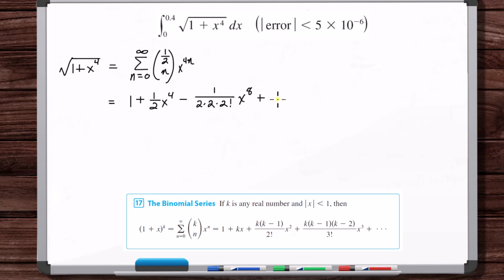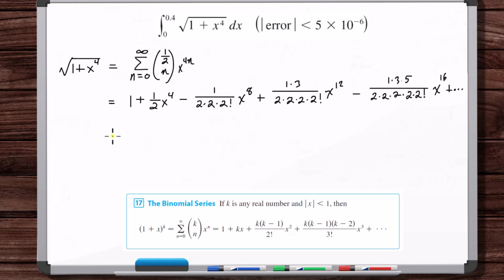So it's going to be 2 times 2 times 2 times 2 factorial, and then you'll have a 1 times 3, and this would be x to the 4 times 3. Then 2 times 2 times 2 times 2 times 2 factorial, and this is going to be a 5, x to the 16th.